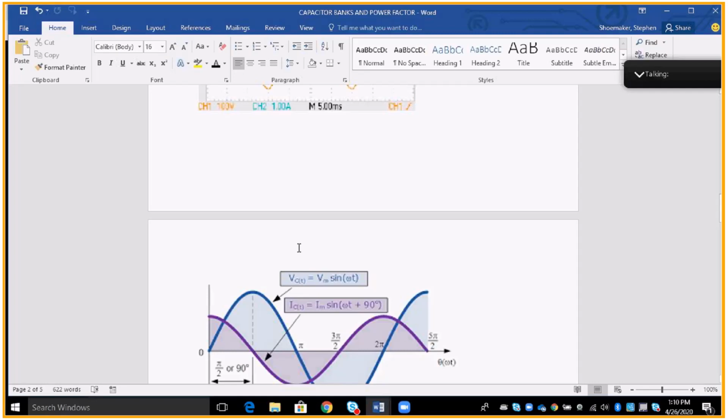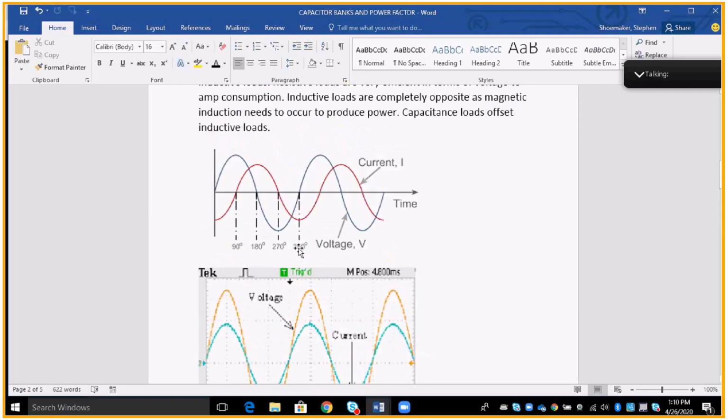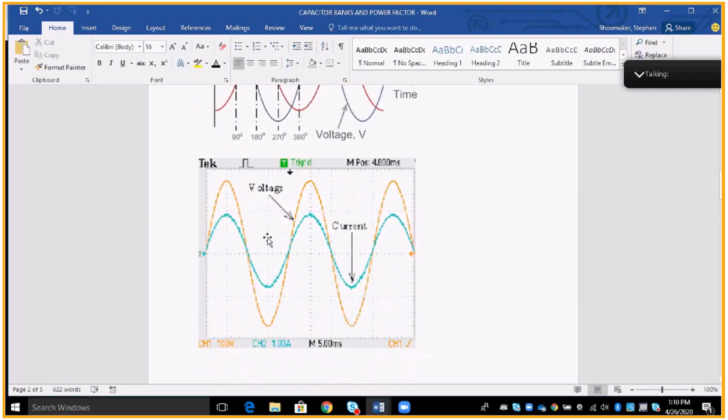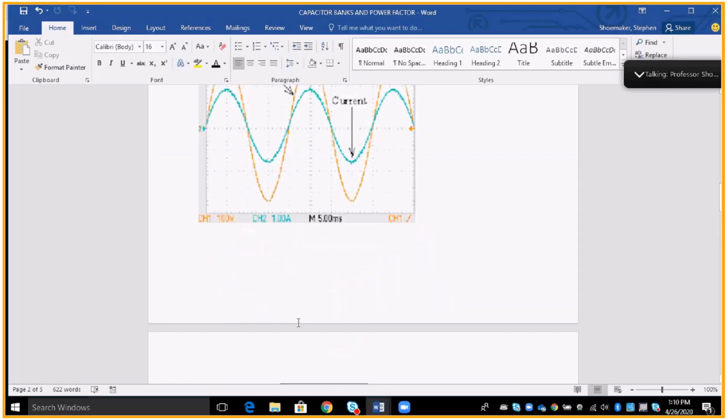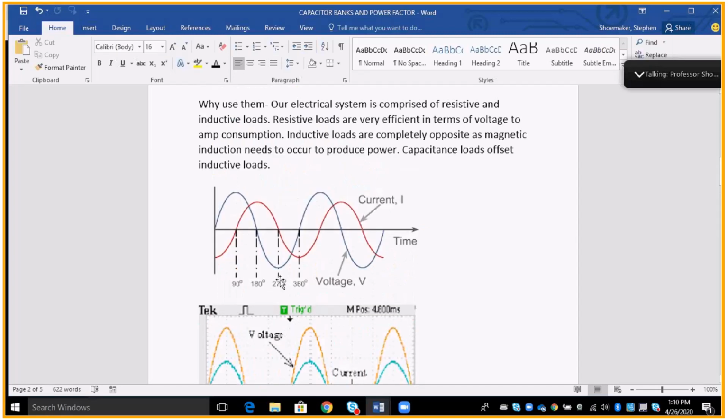What you do not want to happen on your system is if this lead of voltage or this lag of voltage goes way out of form. You don't want this capacitance, and this is capacitance, volts are ahead. You don't want capacitance way out here on the peak while your amps are at your lowest, and vice versa. In lagging voltage, you don't want your amperage way out here and your voltage way out here.